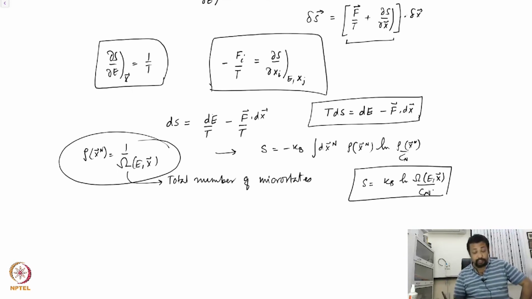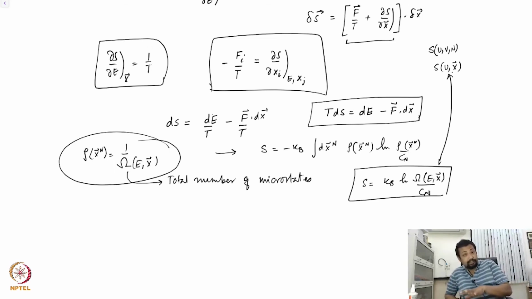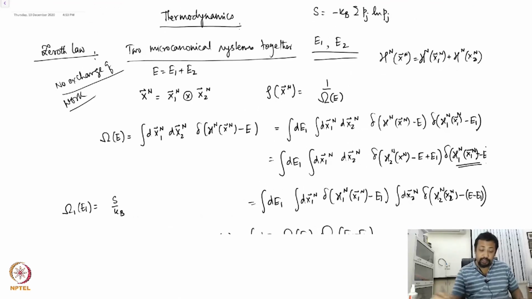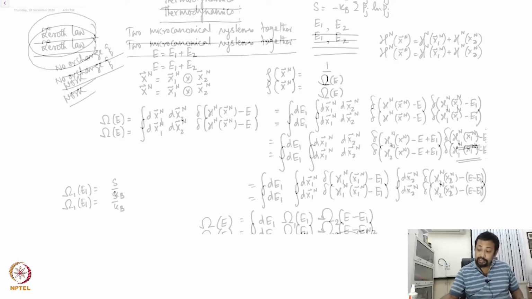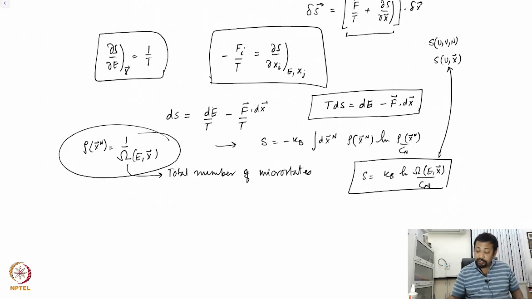And we further showed that this is really the entropy that we can link with the entropy that we had defined in thermodynamics. In thermodynamics, we have defined the entropy as a state function, which was a function of U, V, N, or S as a function of U comma x. We see that these two have a very nice correspondence. They not only have the properties that are satisfied by entropy, but if we start looking at the laws of thermodynamics, then indeed this expression for entropy gives me all the laws of thermodynamics.